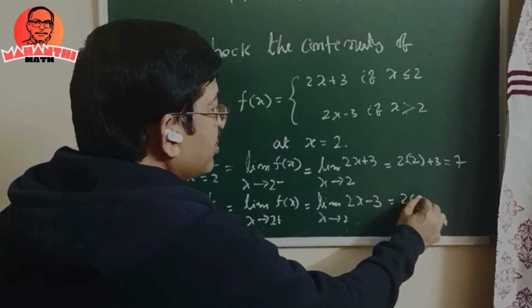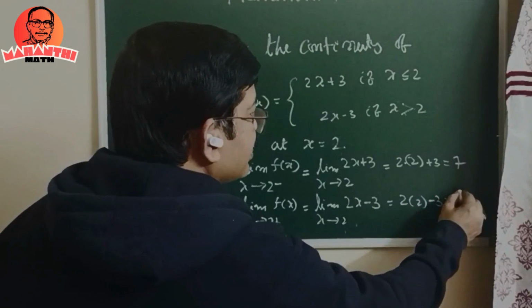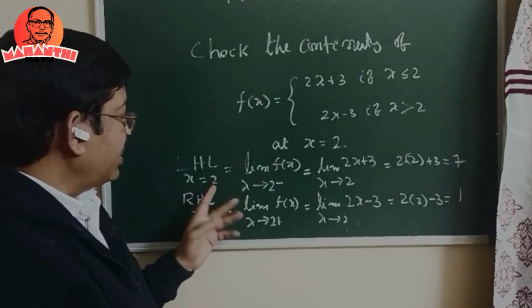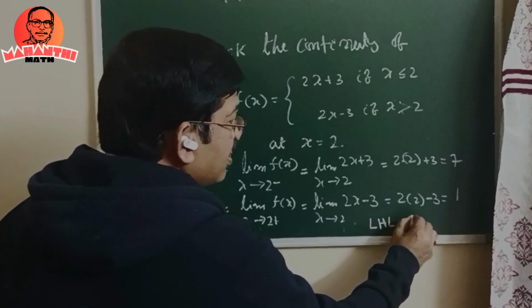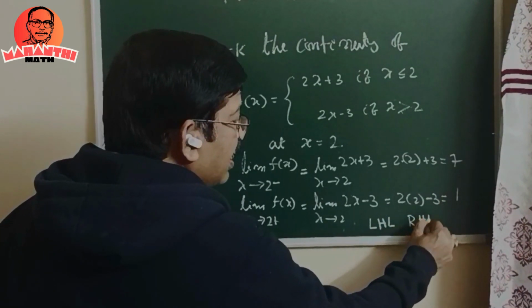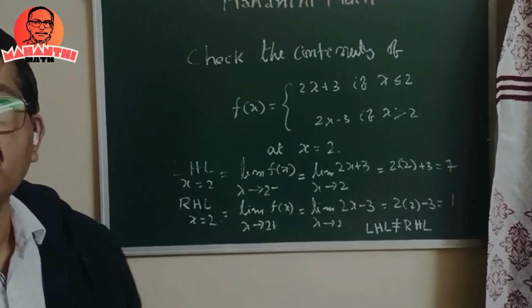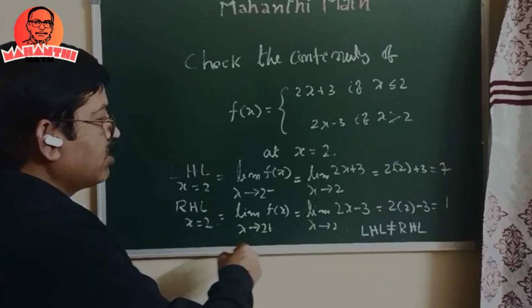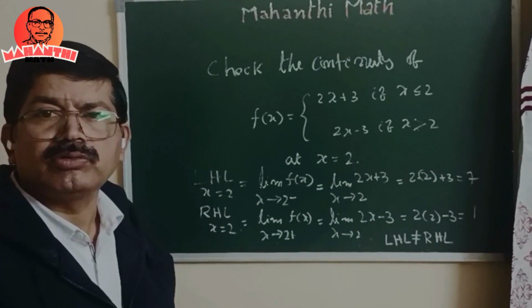So it is 2 into 2 minus 3, that is 4 minus 3, 1. Are they equal? Here LHL is 7, RHL is 1. So LHL is not equal to RHL. Therefore, the function is not continuous at x equal to 2. So the conclusion we write: the function is not continuous at x equal to 2.